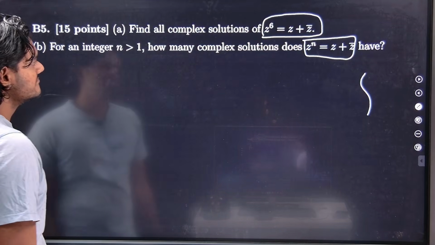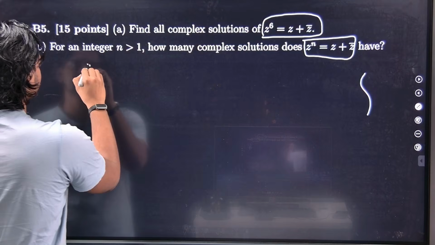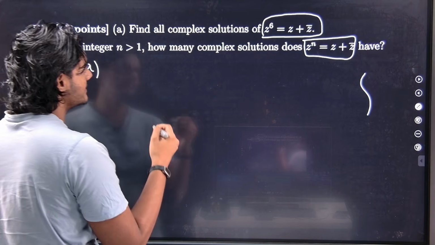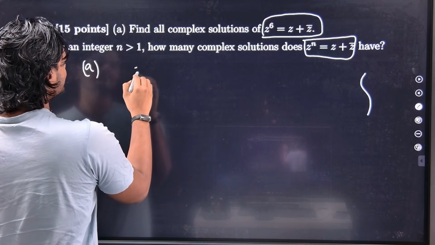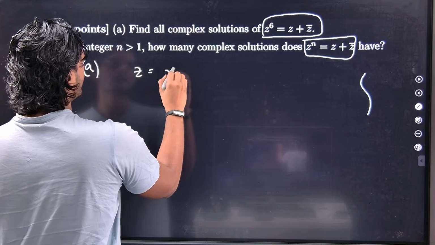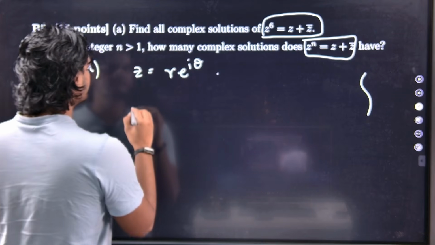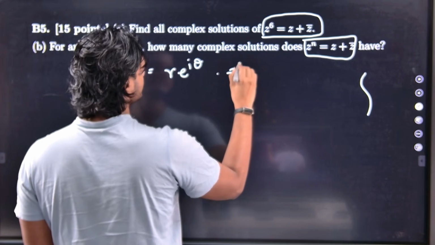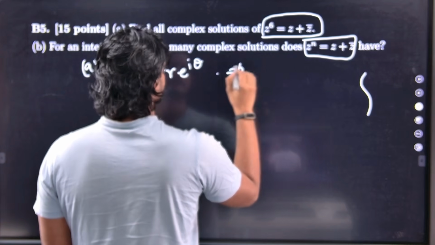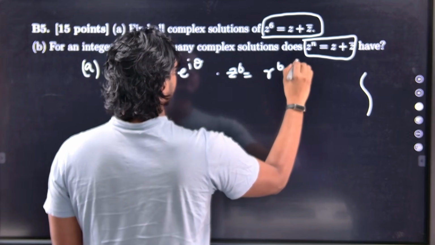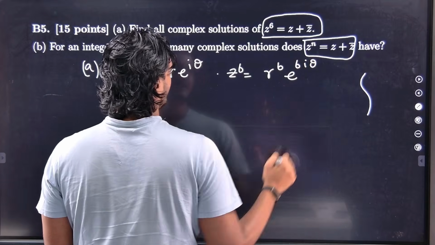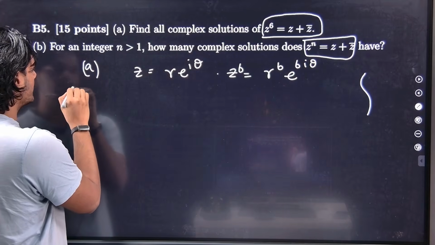So let's go to this and let's formally do it. Suppose z was equal to r e power i theta. Then z power 6 will be r power 6 e power 6 i theta. And I hope we all know what this r is.